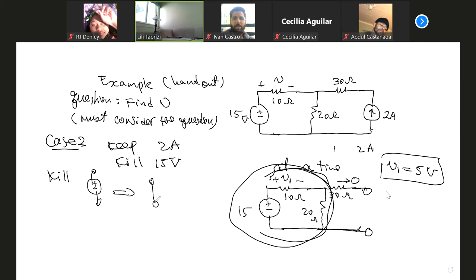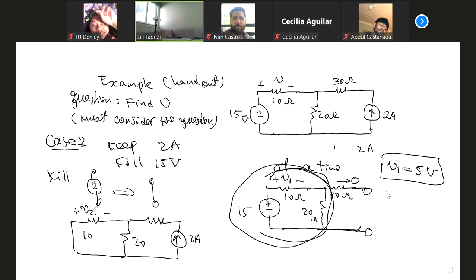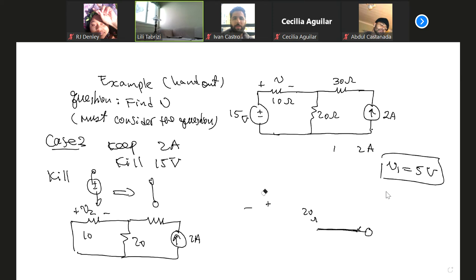So you have a short circuit here, 20, 30, and 2 amp. This is 20, and this is 10. You put the voltage back, you call it V2, because this is for case 2. So we erase case 1, and now it's for case 2.